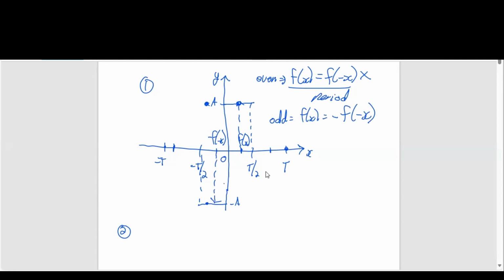So this here is a, this here is minus a. If you had picked any other points, you will notice that it does obey the odd function. So make sure you extend straight across the period, because this might trick you up. Across the period it obeys the law, so therefore the function is odd.